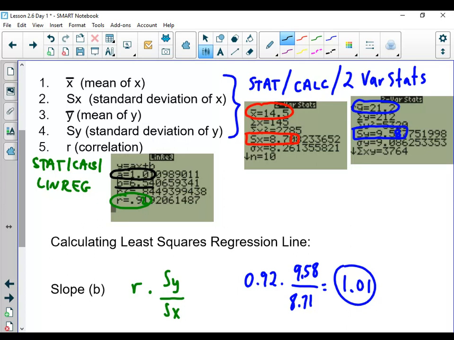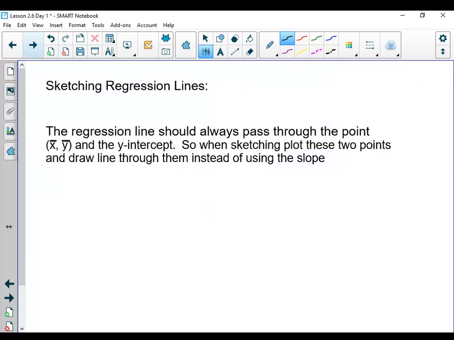All right, last thing associated with our regression line. We've got the equation now. We know how we can make predictions, but sometimes it's good if we actually sketched it on our graph as well. There are two main points I want to make sure I use when I sketch my line.